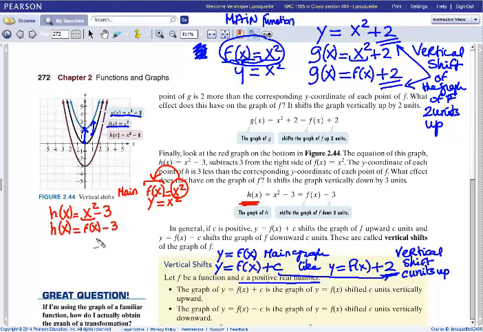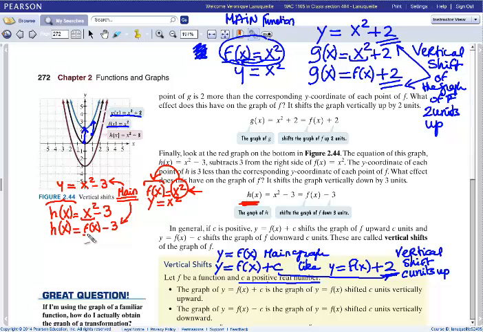Okay, so whenever you write something like this, whether you write it as h of x is f of x minus 3, or whether, remember again, anytime you say a function of x, you can call that plain y. If you say y is x squared minus 3, and let's say your main function was f of x is x squared, then how do you go from your main function to either this equation or this written that way with functional notation?